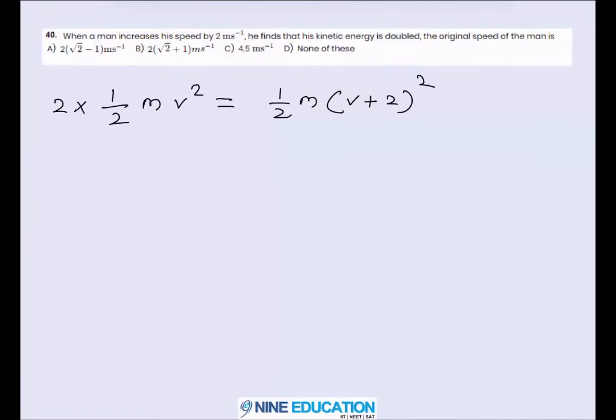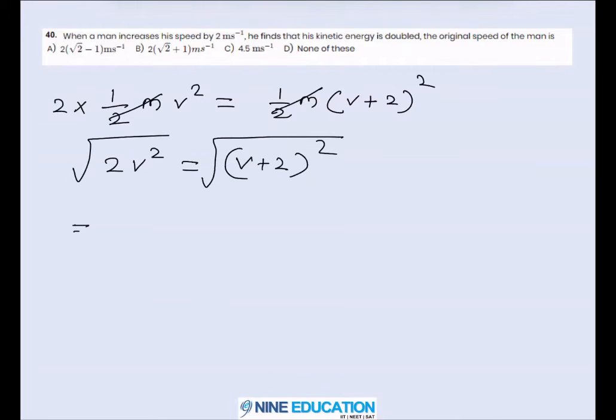Correct? Okay. Now, half m cancels out, and I will get 2v square is equal to (v plus 2) whole square. Now take a root on both the sides. This will become root 2 v is equal to v plus 2.